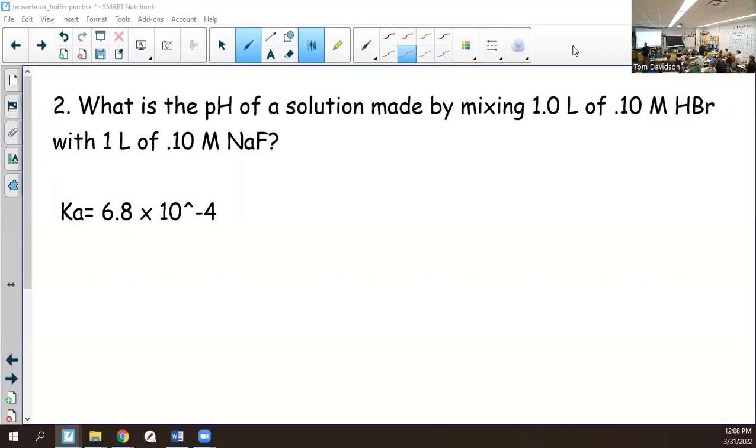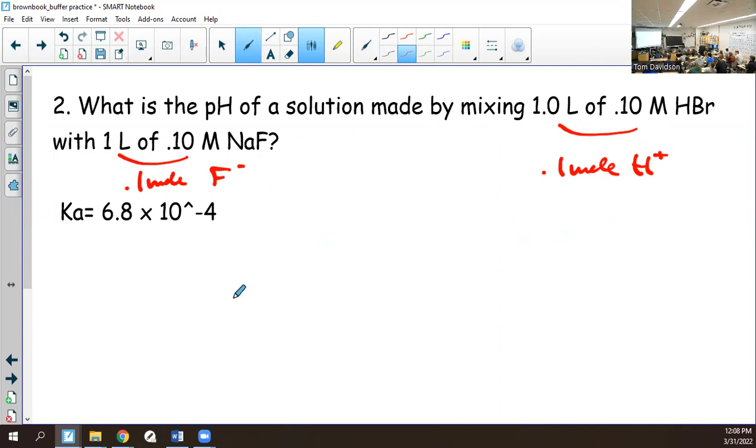So in this one, we have a strong acid, and then we have a salt with a common ion, correct? So I have 0.1 mole of H plus, correct? Then I have how much? 0.1 mole F minus.